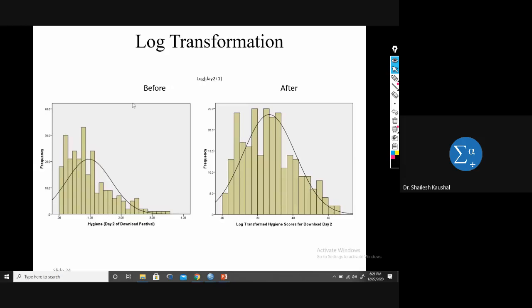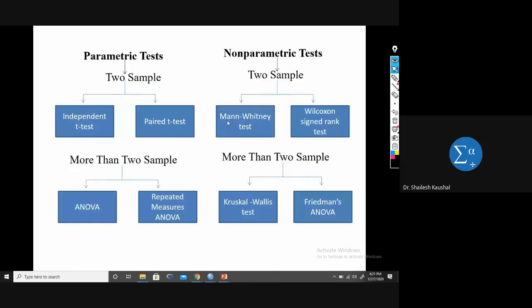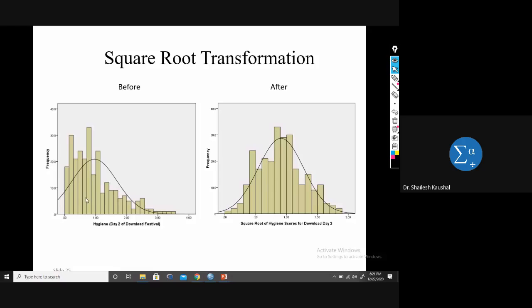Before log transformation, my data was skewed, but after the log transformation, we can make it normal, but not exactly normal. The second way is the square root transformation. Before correcting, the data was completely positively skewed, but when we apply the square root transformation, my data becomes more or less normal.